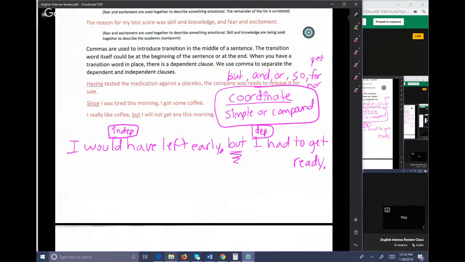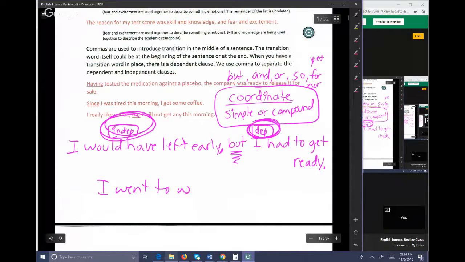But for the most part, everything you're going to deal with is going to have an independent and a dependent, or it might just be independent and there is no other clause, where you just have, for example, I went to work early.